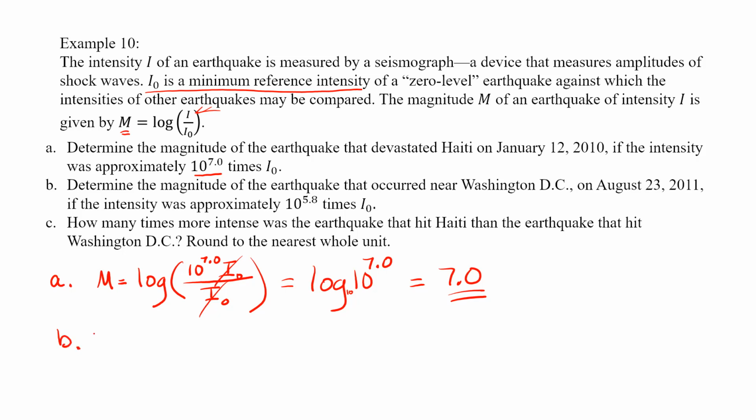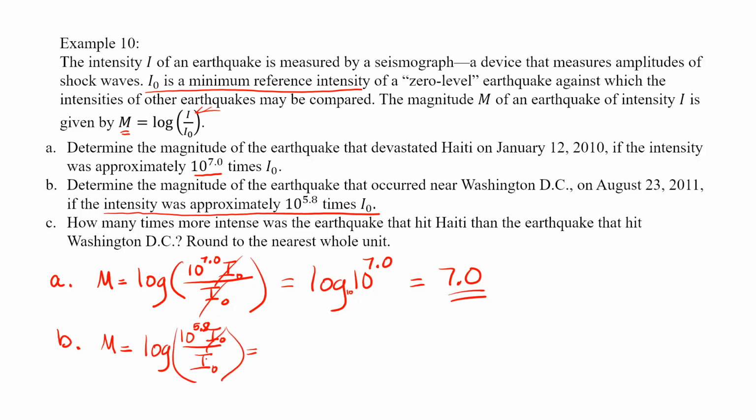Part B says determine the magnitude of the earthquake that occurred near Washington, D.C. on August 23, 2011, if the intensity was approximately 10 to the 5.8 times I sub 0. So m equals log, common log, of I over I sub 0. The intensity was approximately 10 to the 5.8 times I sub 0, so that goes in the numerator, 10 to the 5.8 times I sub 0 over I sub 0.